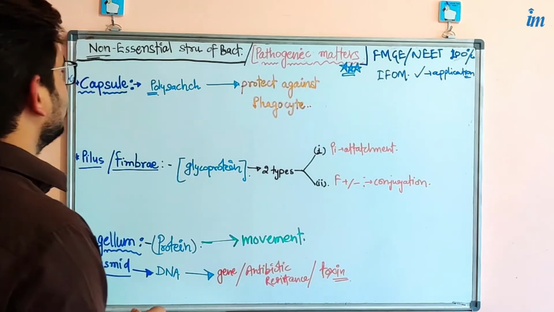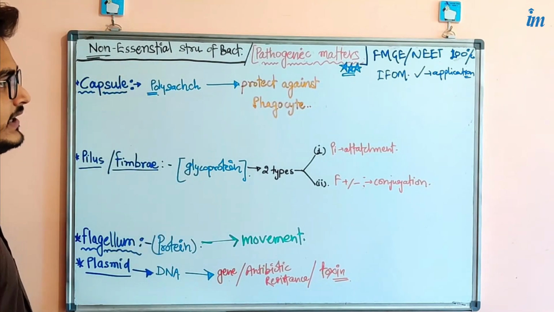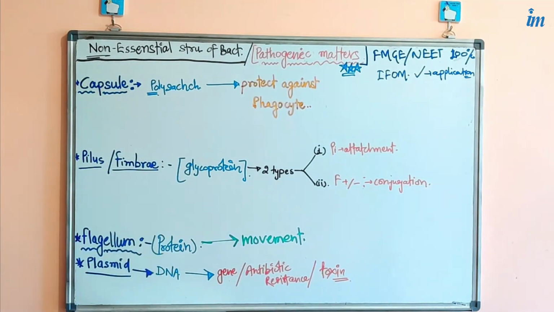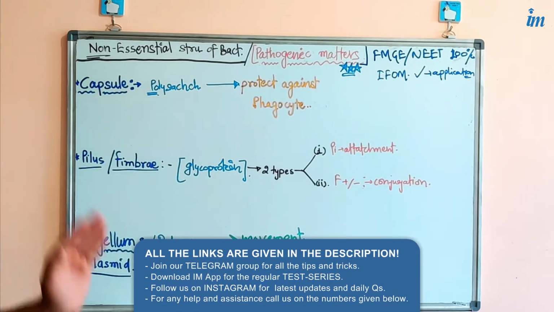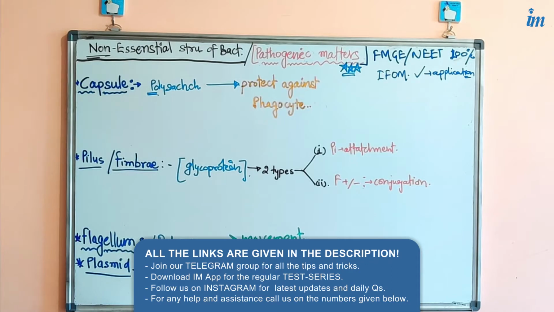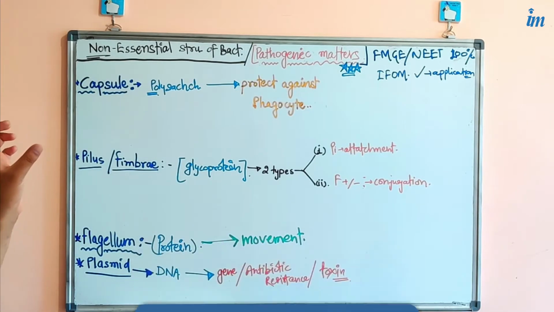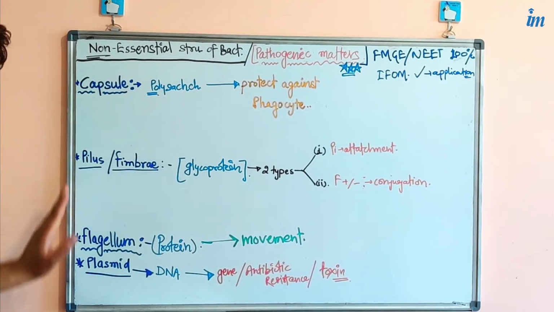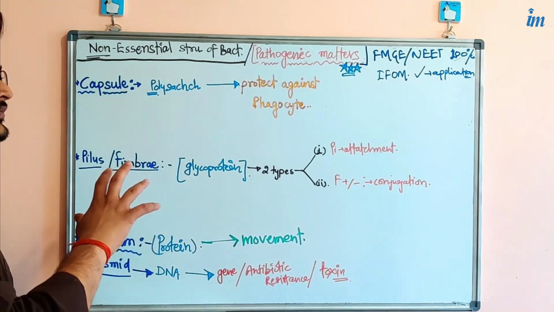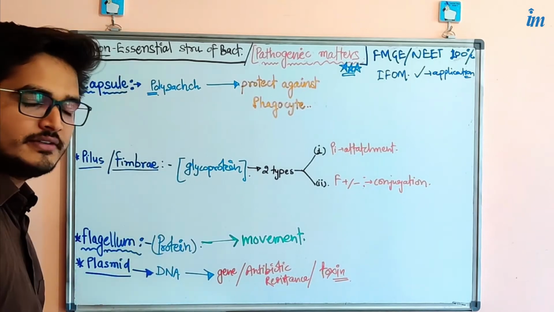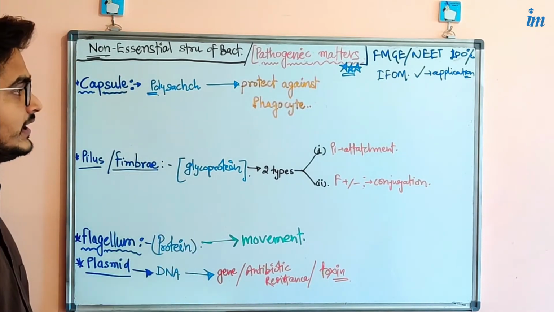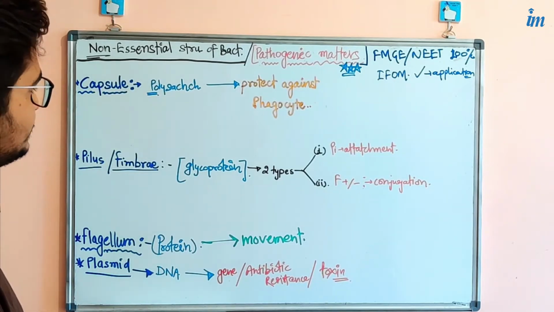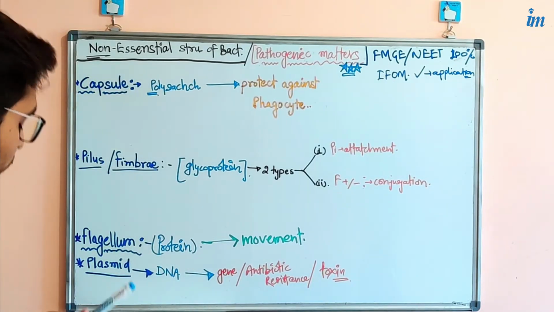They are essentially the trigger point and initial portal or path, and belong to the non-essential part of the structure of the bacteria. This is a complete content where we study their physiological component and also their pathological component. So let's see one by one.